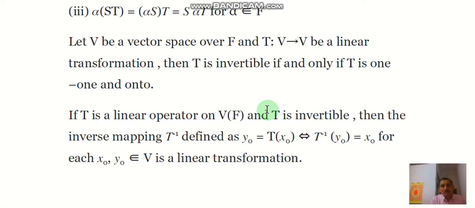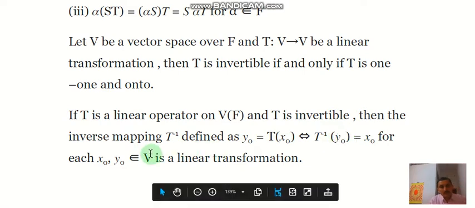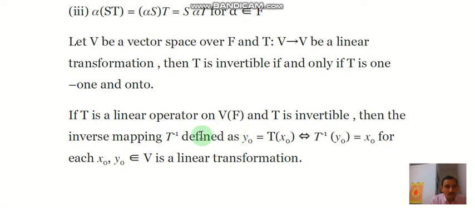Any mapping is invertible if it is 1-1 and onto, and the definition is: if T is a linear transformation on vector space V over F and T is invertible, then the inverse mapping T inverse is defined as y0 equal to T(x0) implies T inverse (y0) equal to x0. That is, if the image of x0 is y0, then the pre-image of y0 is x0, for each x0, y0 belonging to V, and it is a linear transformation. So this is the definition of the inverse of T, or T inverse.